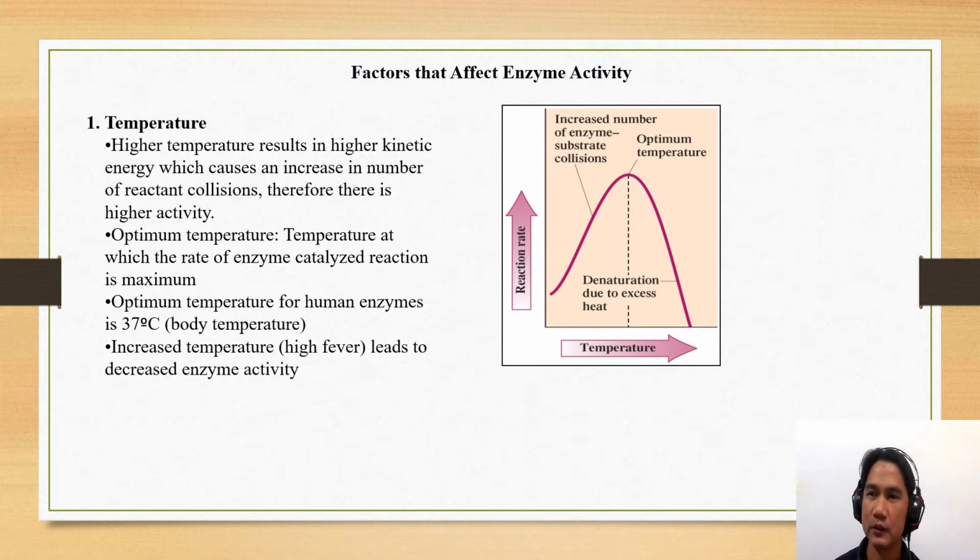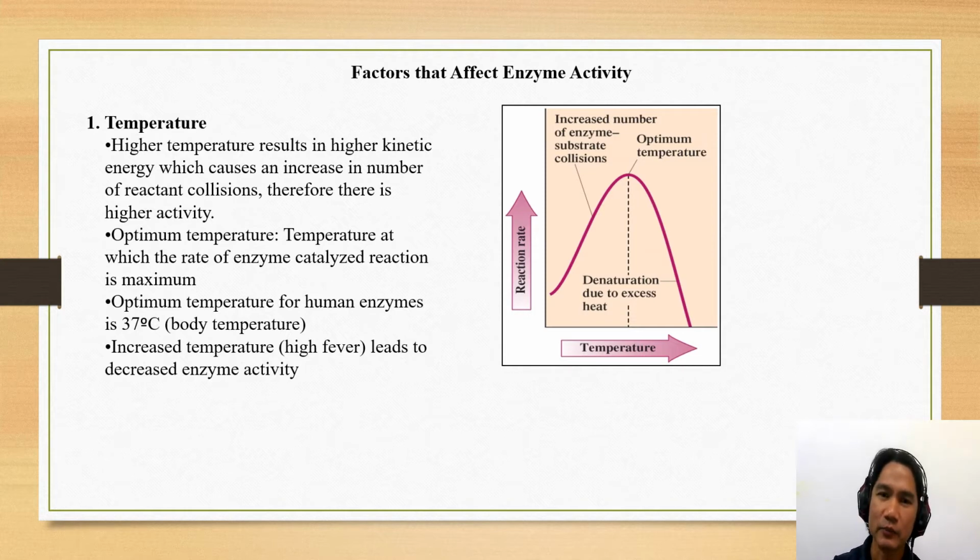And the other thing is that when the temperature is low, there is less kinetic energy, so less movement of molecules. Therefore, the collision is not favorable and there is less chance of meeting between the substrate and the enzyme.